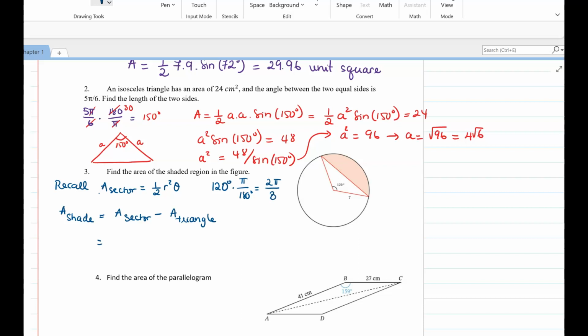So the area of the sector equals 1/2 times 7 squared times 2 pi over 3. For the area of the triangle, this is an isosceles triangle, so that is minus 1/2 times 7 squared times sine of 2 pi over 3.